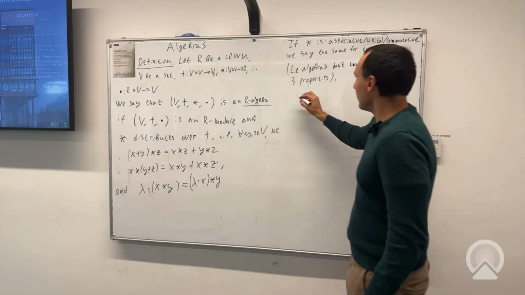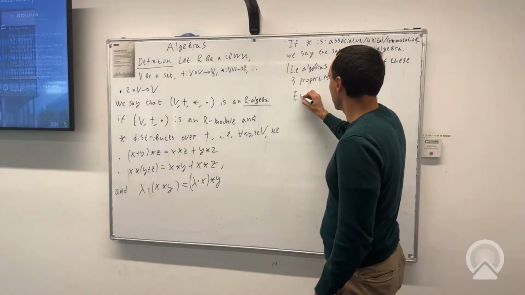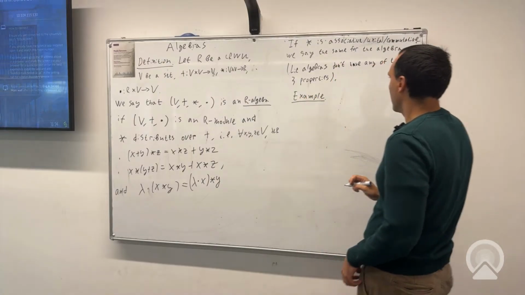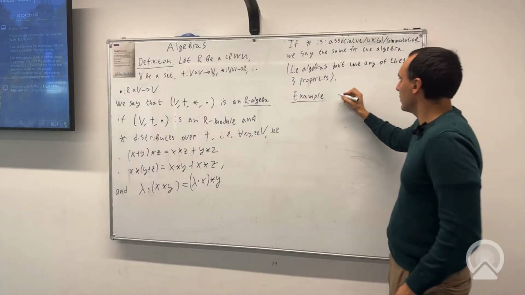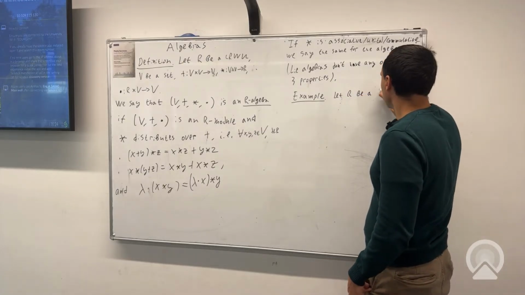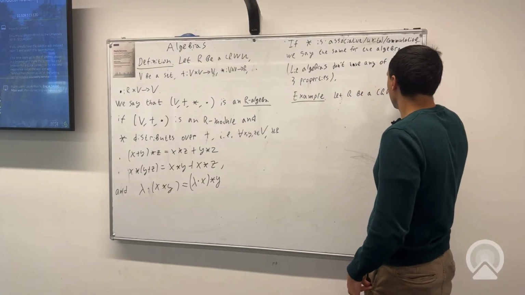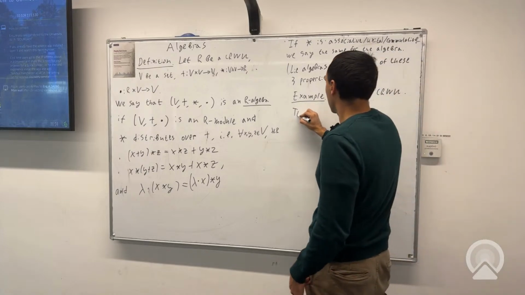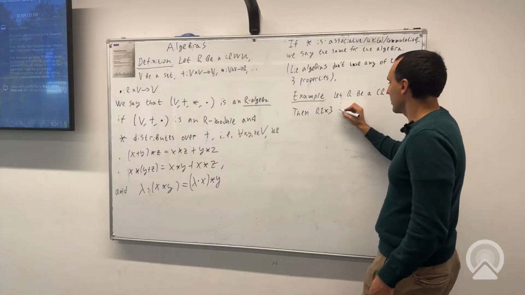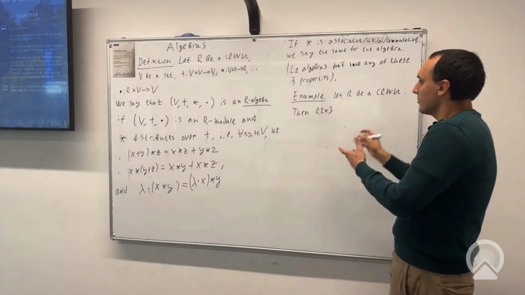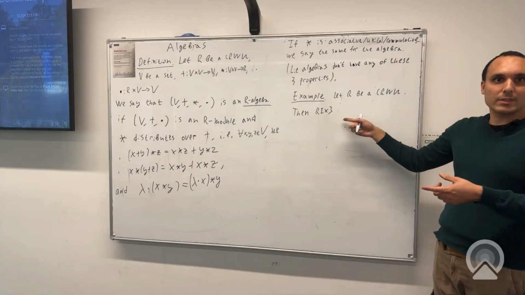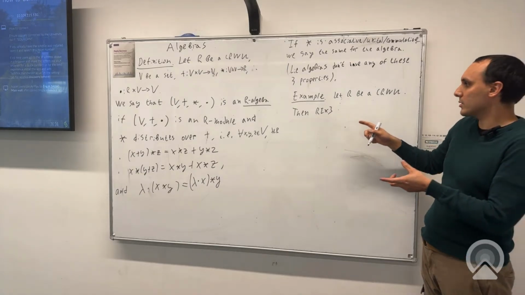So let me give some example. The polynomial algebra. So let R be a commutative ring with unity. Then R[x] is, so we have multiplication of polynomials, multiplication of a polynomial with a scalar, and addition of polynomials.